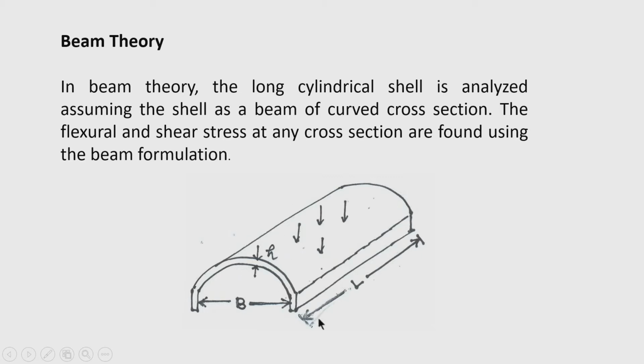So, the sectional properties to be used in the beam analysis will be slightly complicated because of the curved cross section. So, the neutral axis of the cross section and the moment of inertia about the neutral axis have to be calculated for the curved cross section, and other analysis will depend on the beam analysis that we are familiar with in our usual strength of materials class.